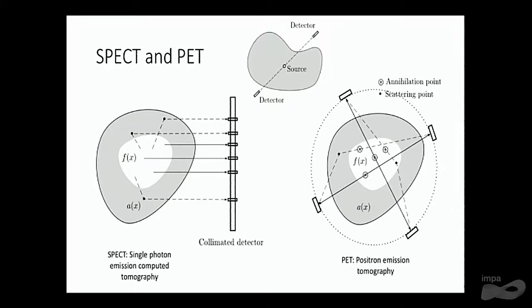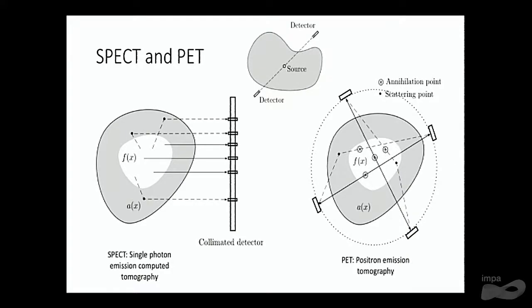This is a scheme of how it works. This is the case of SPECT, and this is the case of PET. The main idea is that you have some gamma ray source or some photon coming from inside the body and going to some detector.